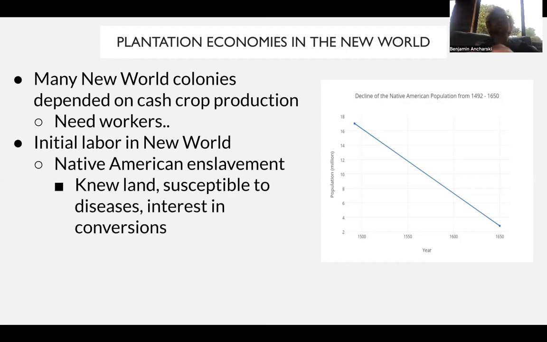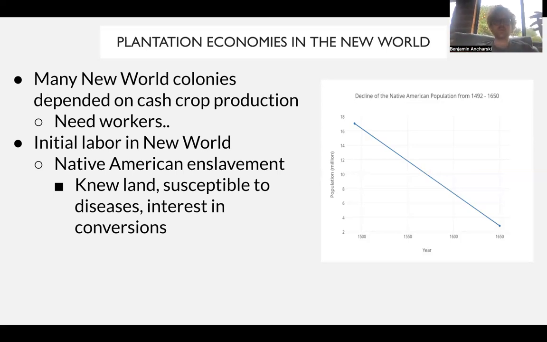So one reason why Native American enslavement will decline, in addition to all these reforms that are passed by governments like the Spanish government, as we saw with the end of the encomienda system, is the fact that Native American enslavement is not really going to be as appealing as other forms of enslavement, mostly because indigenous people in North and South America live there.